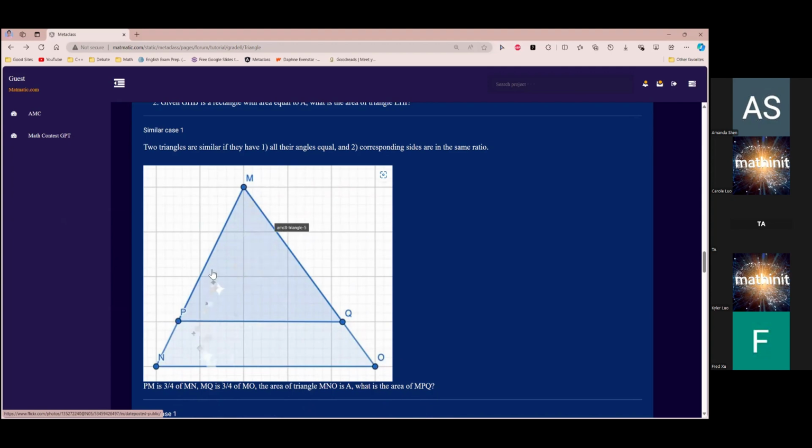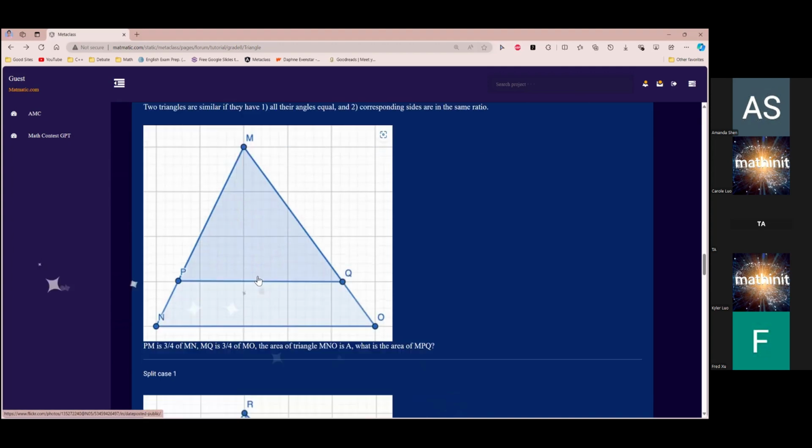Since PM and MQ are proportional to MN and MO, and they're all 3/4, the area for MPQ is going to be 1/4 of whatever NO is. So it'd be 1/4 of A. Does everybody get that? Yeah, we get it. Okay.